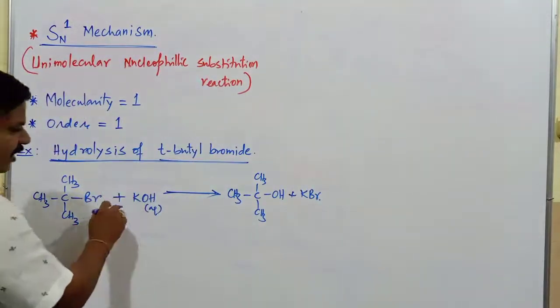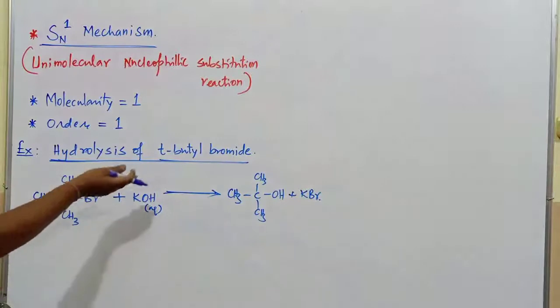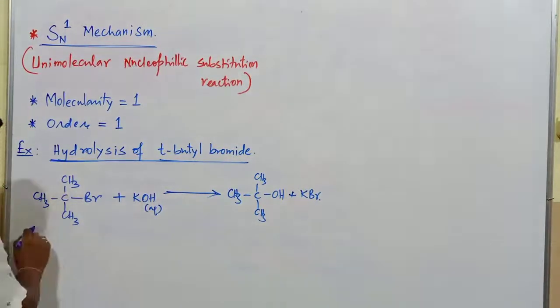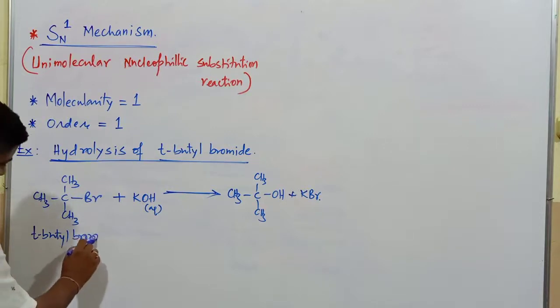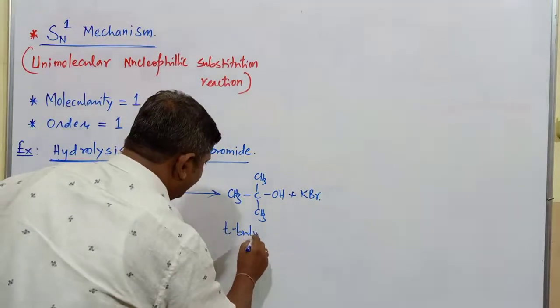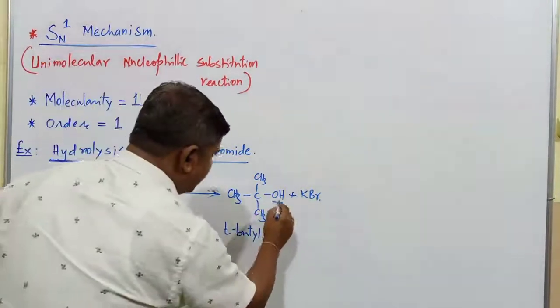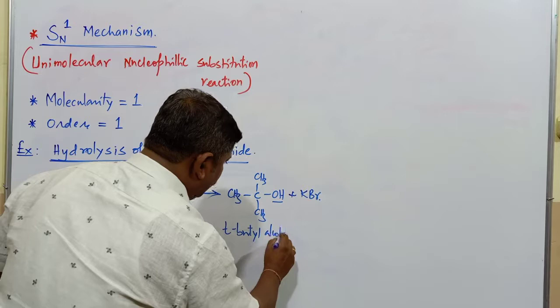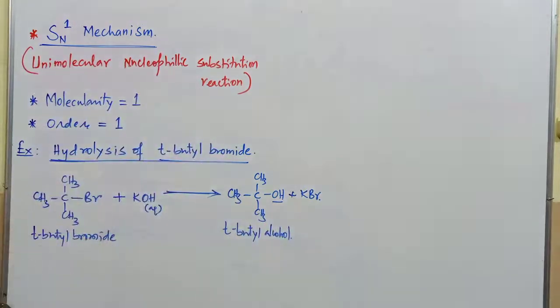Instead of aqueous KOH, you can take the aqueous medium, just water itself. This molecule is called tertiary butyl bromide. And what is the product name? The product name is tertiary butyl alcohol. This is a simple reaction.